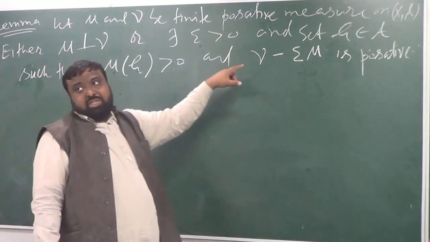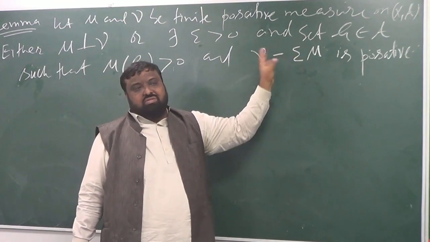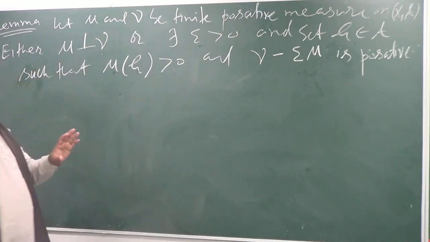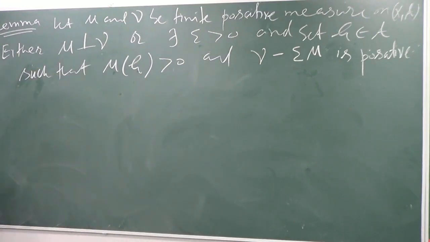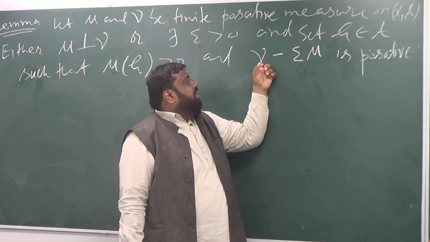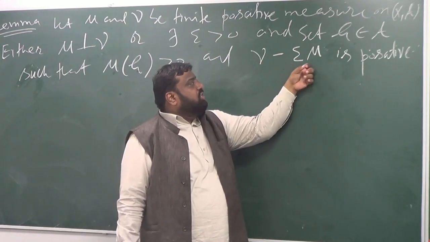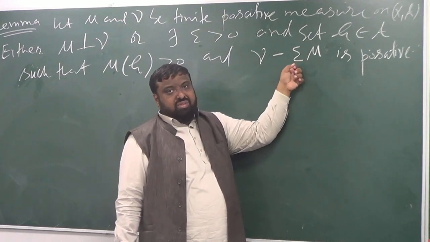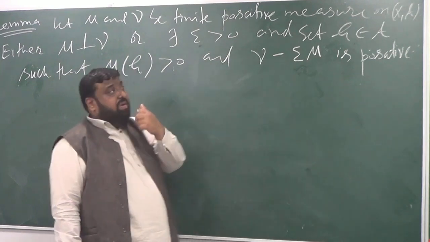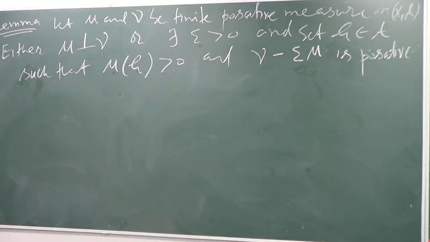Then you need to take the perturbation. Looks pretty strange. Do you understand perturbation? Roughly, what you are saying is that from nu you are subtracting a small chunk of mu, a fraction of mu, and you still get a positive. Bit strange, but we'll need this statement to move on.